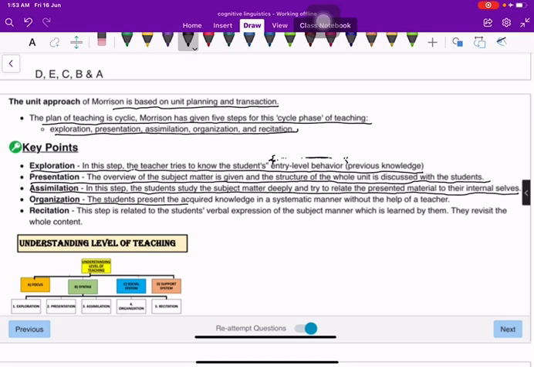The students present the acquired knowledge in a systematic manner without the help of a teacher. Recitation. This step is related to the student's verbal expression of the subject matter which is learned by them. They revisit the whole content.